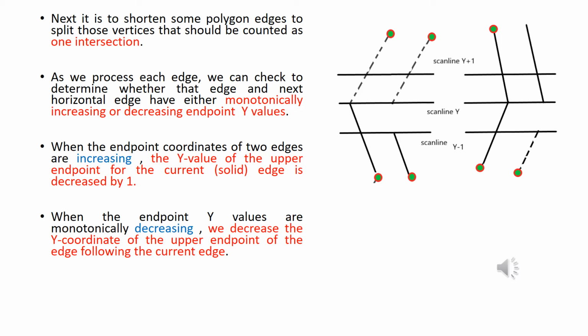And if we look at the figure, when the endpoint y values are monotonically decreasing, then we decrease the y coordinate of the upper endpoint of the edge following the current edge. Here that has been highlighted using the dotted line and the solid line.